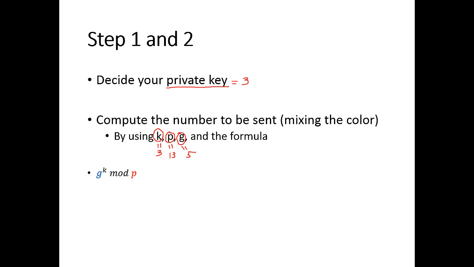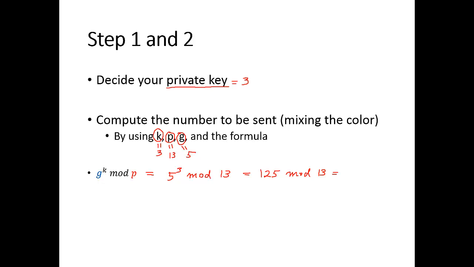We can mix the color using this formula, where the generator G is 5, K is 3, and mod P is 13. So 5 to the power of 3 is 125, and then we take the mod of 13.